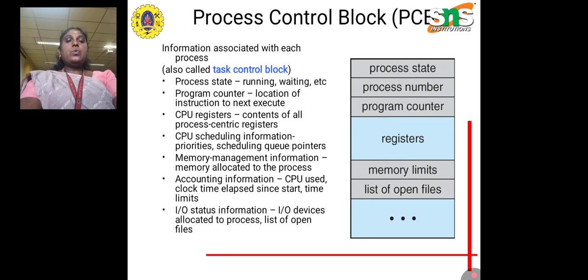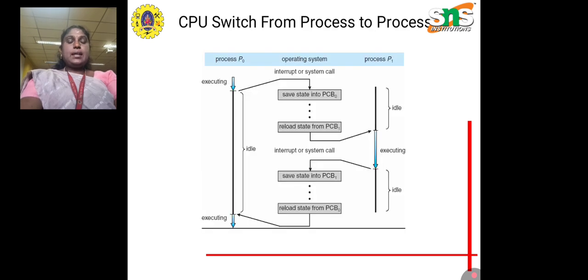The program counter holds the location of the next instruction to execute, and the CPU registers hold the contents of all process-centric registers. You have CPU scheduling information with priorities and scheduling queue pointers. You have memory management information, where memory is allotted to a process. And we have accounting information, such as the CPU used, clock time elapsed, and the starting and ending time.